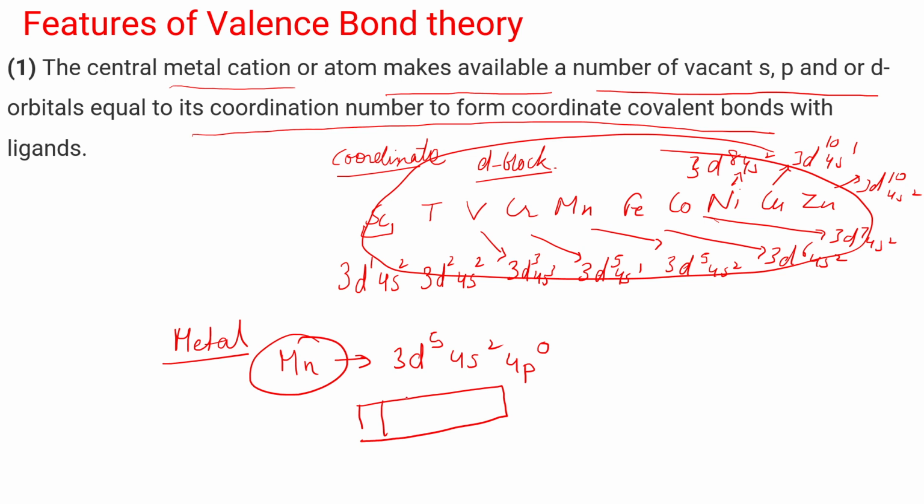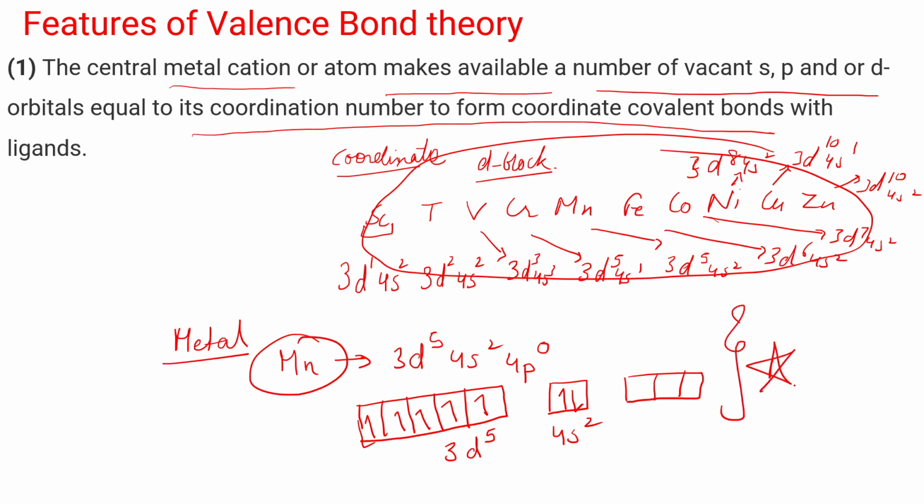So to make a bond, we first draw the outer electronic configuration for this. This is the outer electronic configuration for manganese. So 5 electrons are filled over here, 1, 2, 3, 4, 5. S has 2 electrons and P has nothing. So 3d5 4s2. This is how we will be filling electronic configuration for metals.